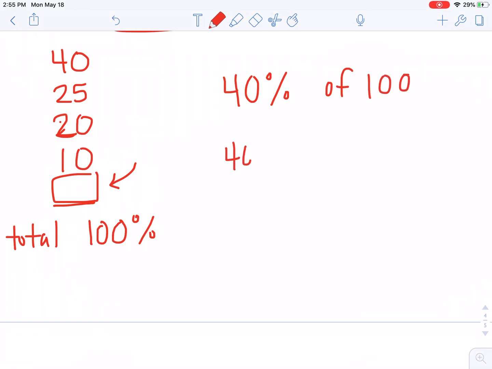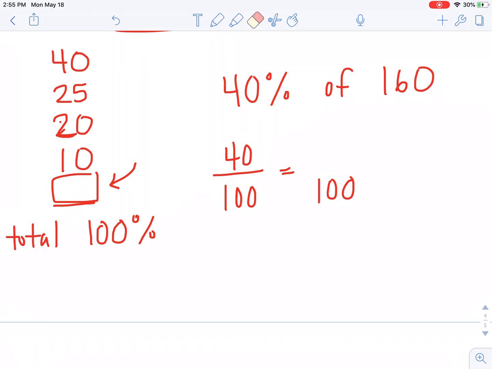So the way I'd write this is 40% out of 100. Ooh, I'm wrong. It says 160. I didn't see that. She's got 160 tiles. Okay. So 40% of 160. You will see it on the page. It says that. Sorry.